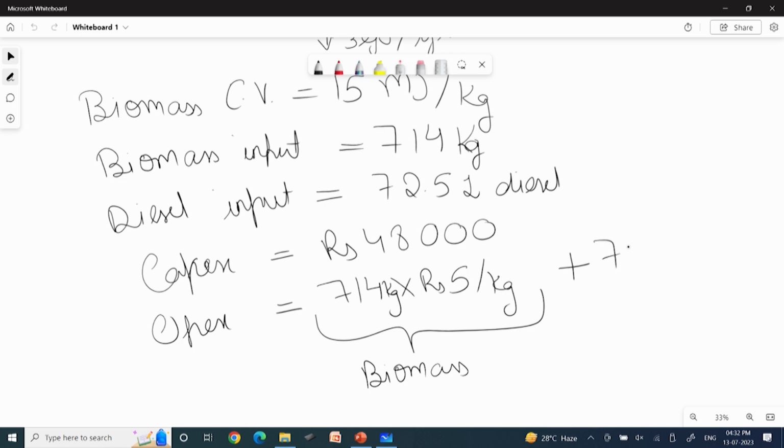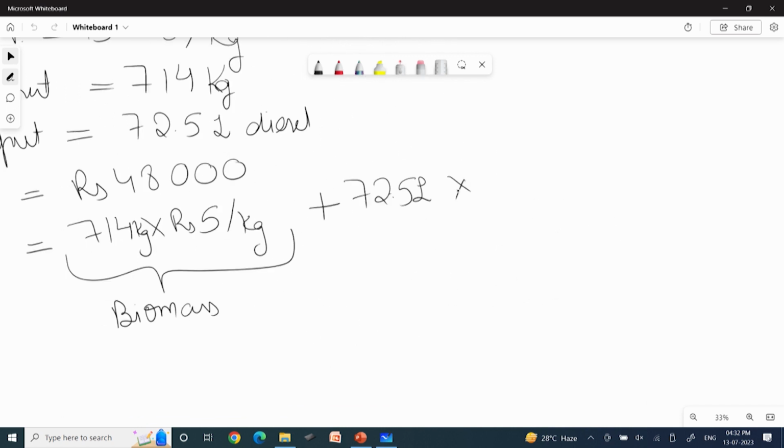So we have 72.5 liters of diesel in here, and I multiply that with rupees 90 per liter, and this is the case of diesel.